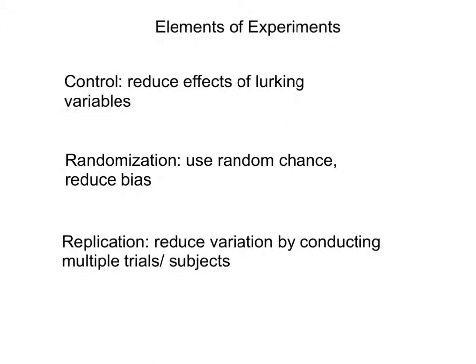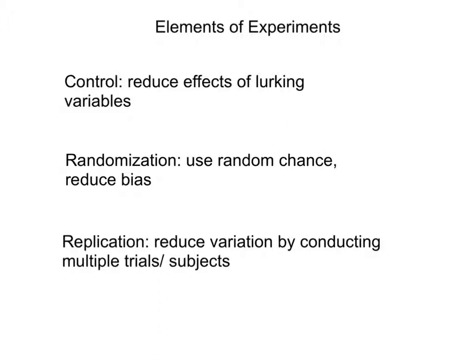For example, let's say you're doing the difference between different exercises, running versus swimming, to try to lose weight. You try to keep the diet of both treatment groups the same, because a lurking variable could be the different foods that people eat, which could influence the response variable, which is weight loss.